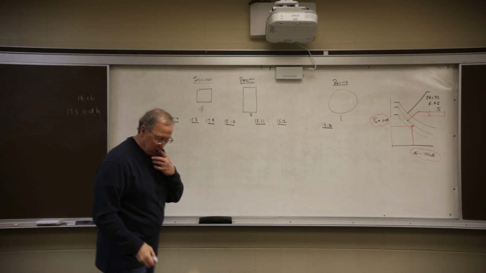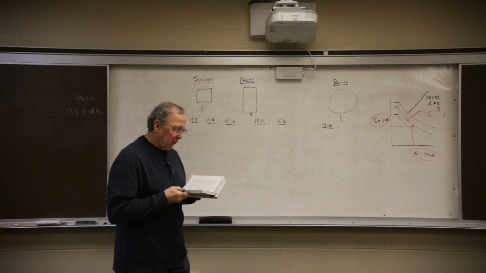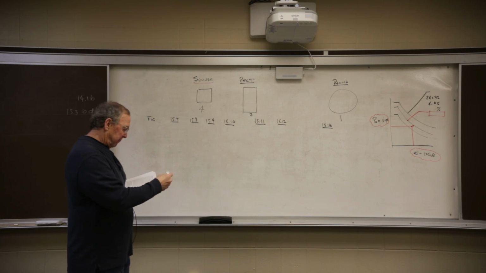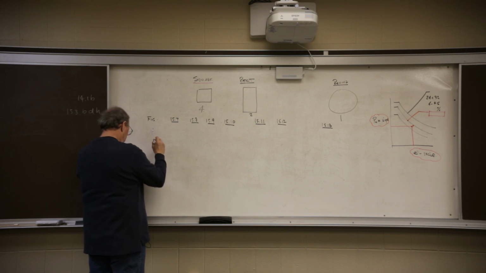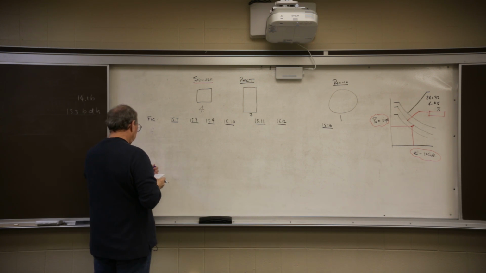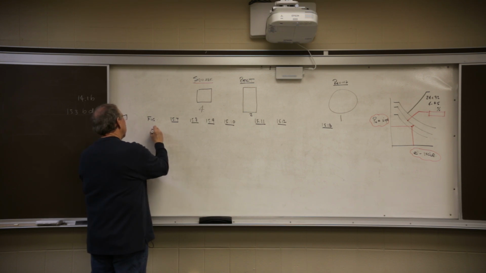Okay, so given that, let's look at what makes you choose one. Let's go to the very first one. It's a square column. And now I'm going to write some letters here: f'c and fy.